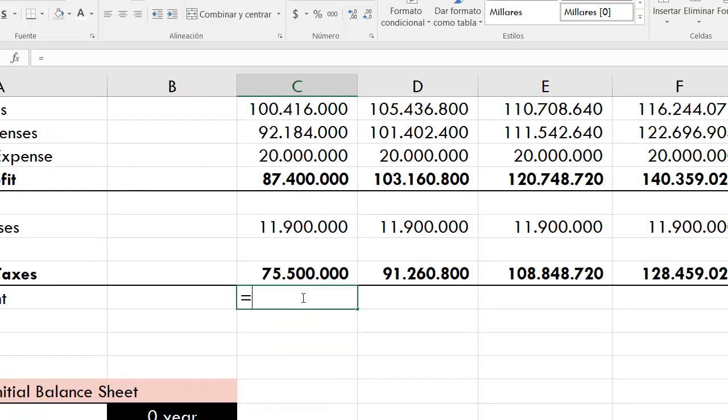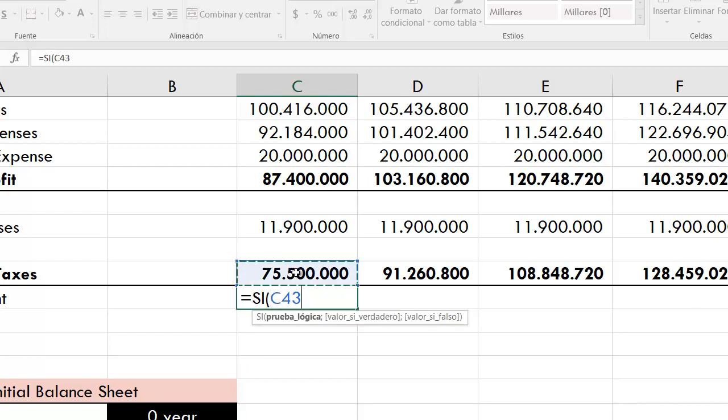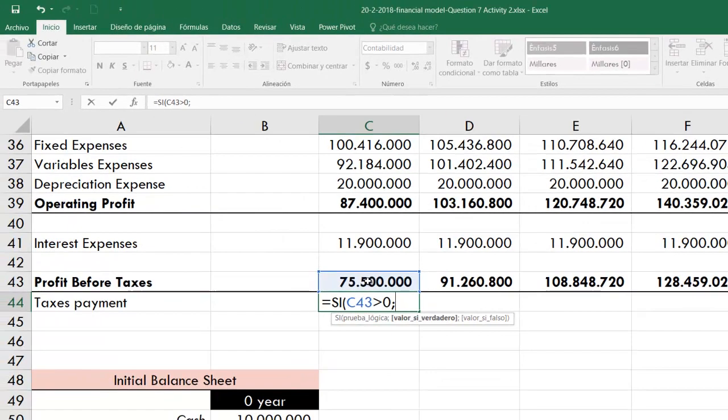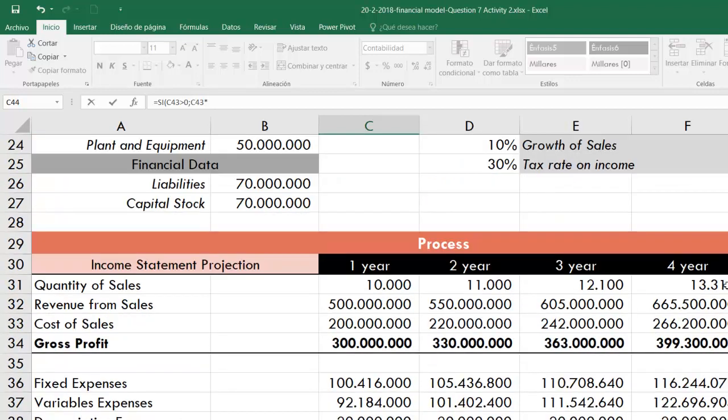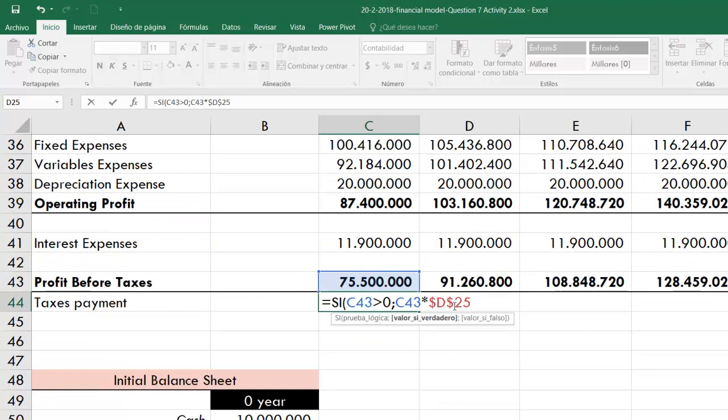So the if formula goes as this: if, so the logic, it should be this number greater than 0. Whenever this number is greater than 0, we will multiply this number times our tax rate, which should be fixed F40.